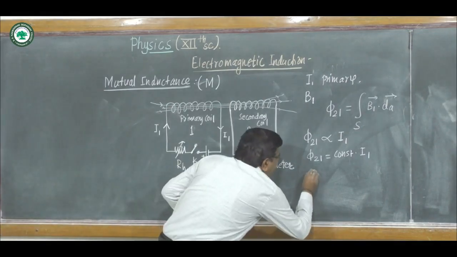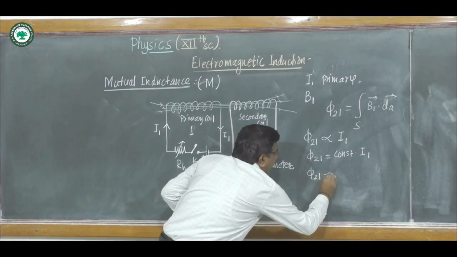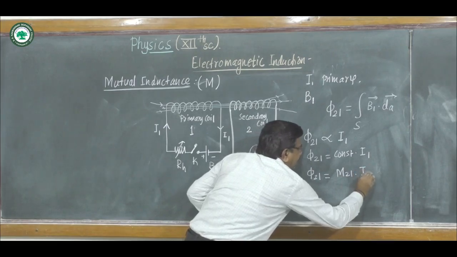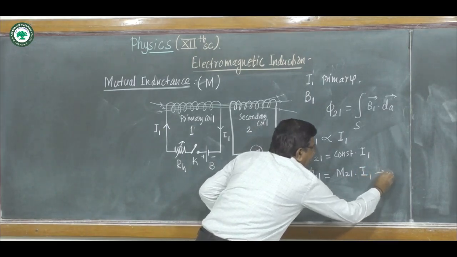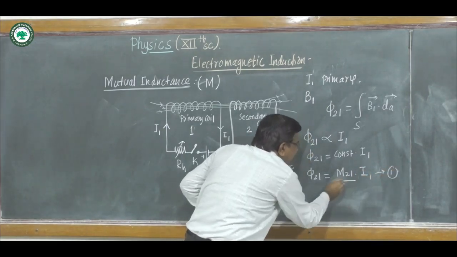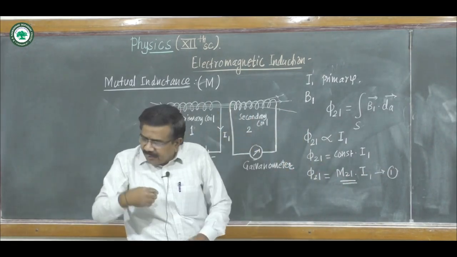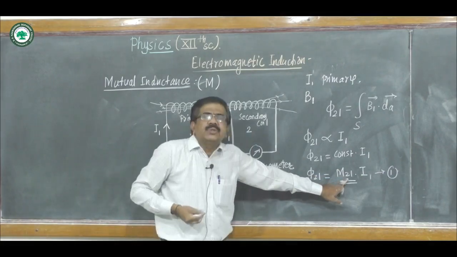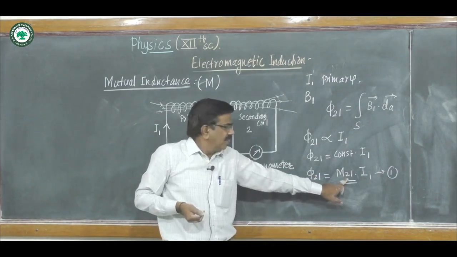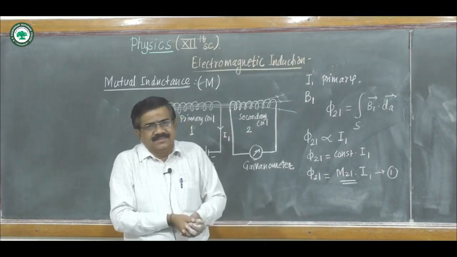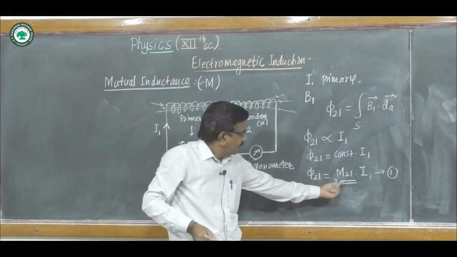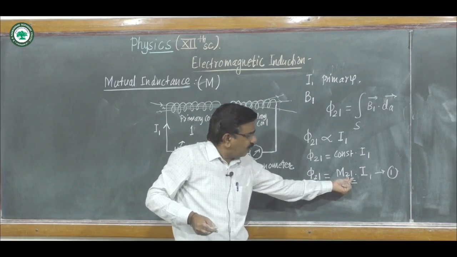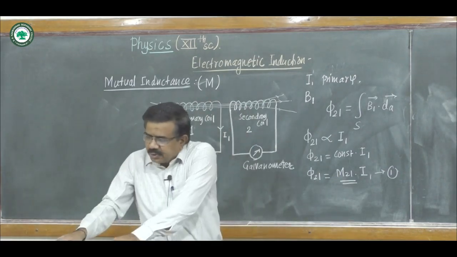So phi 21 is M21 into I1. This constant M21 is the mutual inductance of coil 2 with respect to coil 1. Very important: this is the mutual inductance of coil 2 with respect to coil 1.